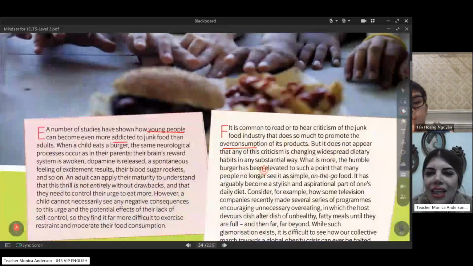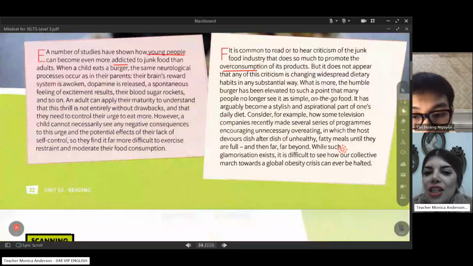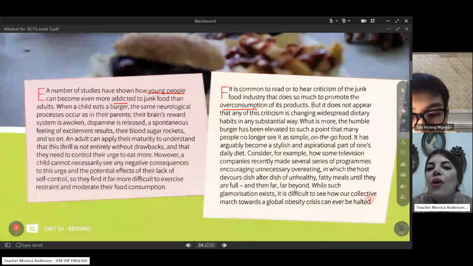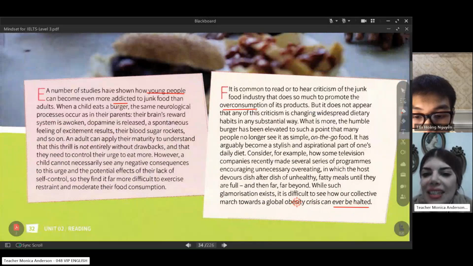Now, let's check. It's difficult to see how our collective march towards a global obesity crisis can ever be halted. So we can't predict how we can stop it, can ever be halted, stopped.